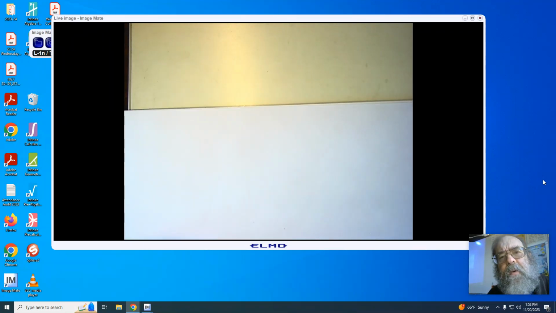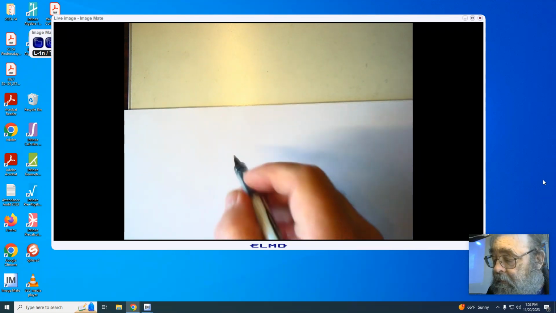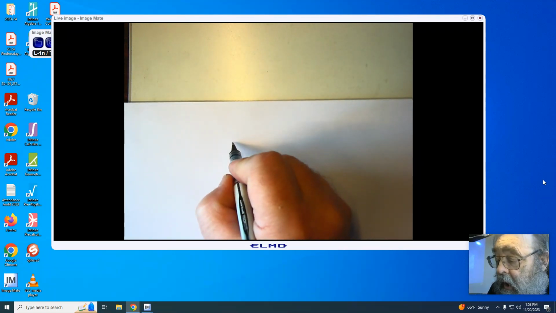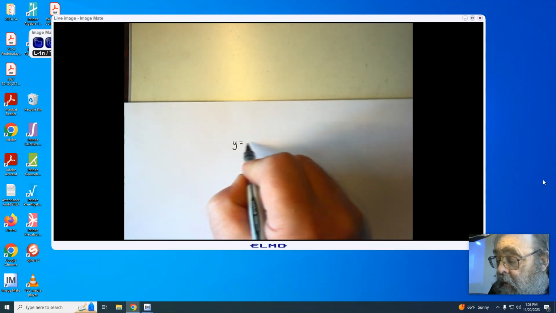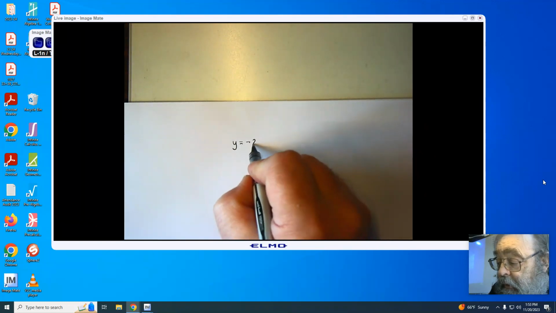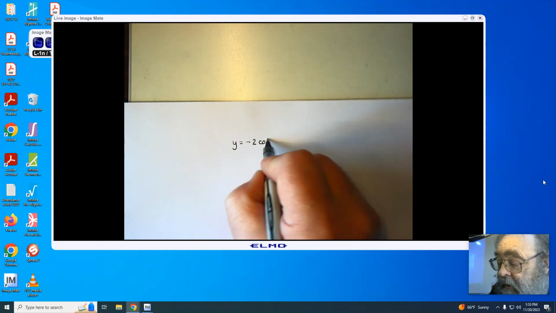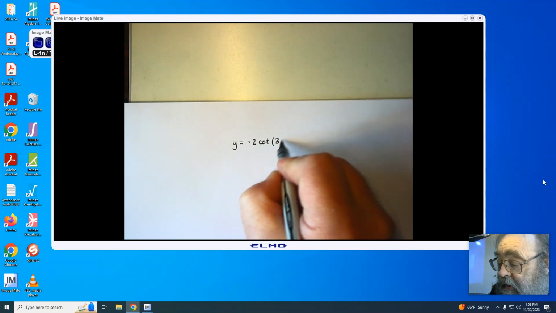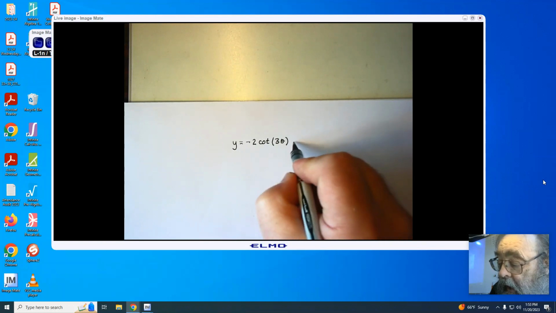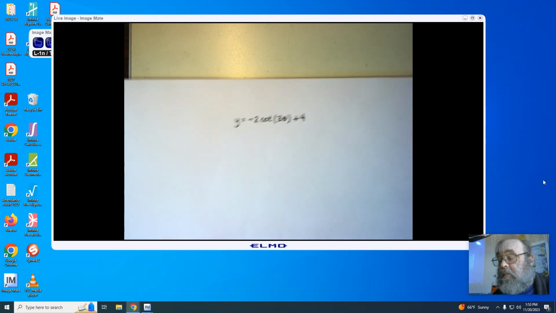This time, I'm going to try very hard and do the period from the get-go, okay? Here we go. Let's do y equals negative 2 cotangent of 3 theta, and let's do a plus 4.